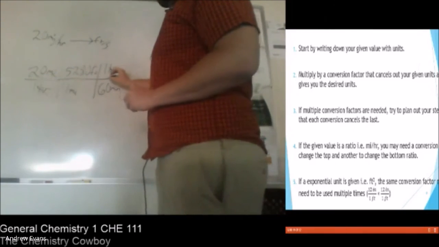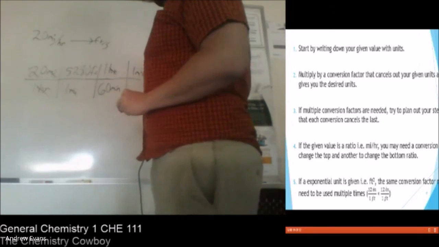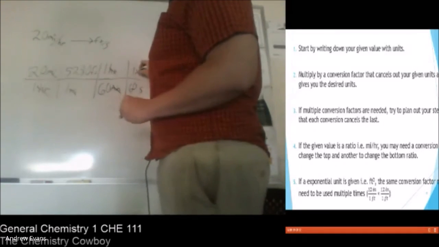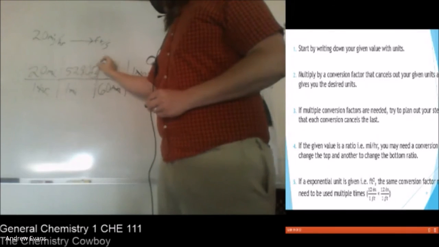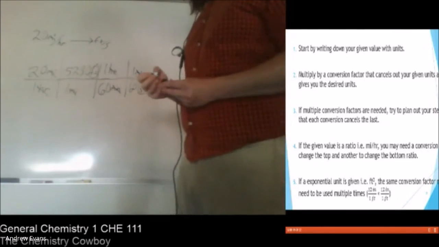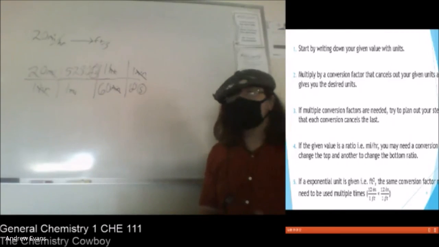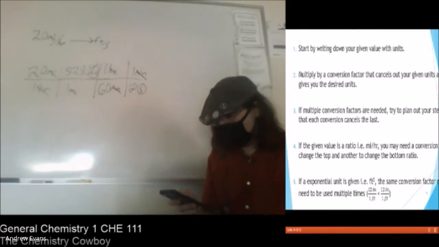That turns it into feet per minute. And in 1 minute, there's 60 seconds. Minute cancels minute, leaving us with feet and seconds. So the math we would do here, 20 on top times 5,280, divided by 60, divided by 60 again.